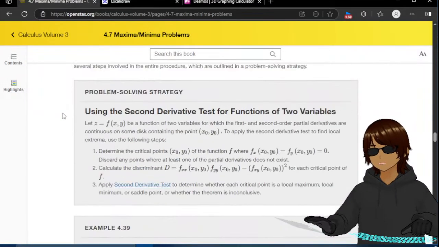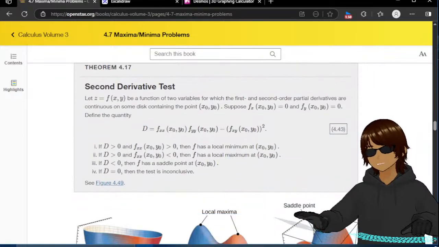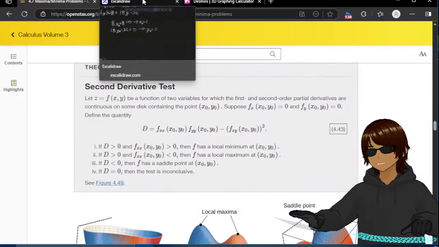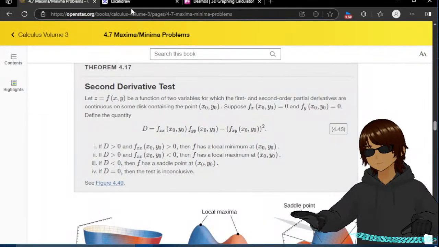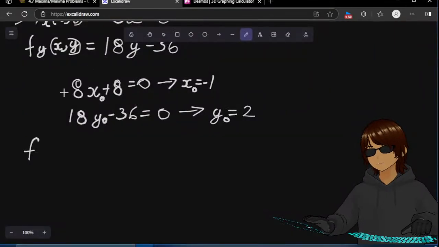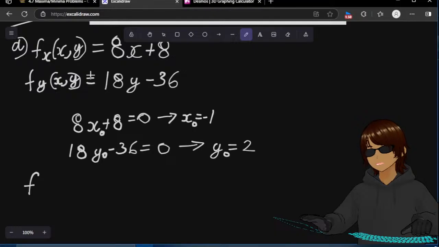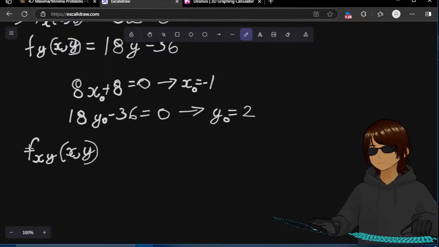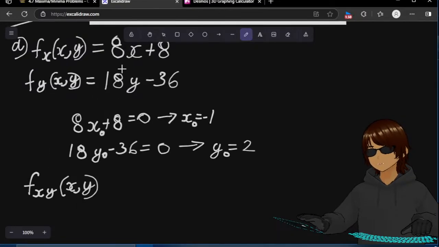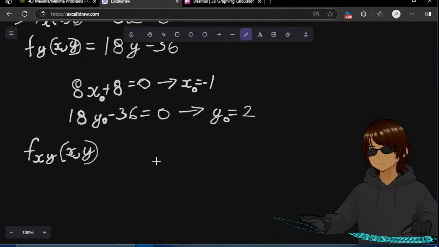Now comes the hard part. Finding the second derivative. This is like we find it with respect to x, then we find it with respect to y, right? Which would be 0.